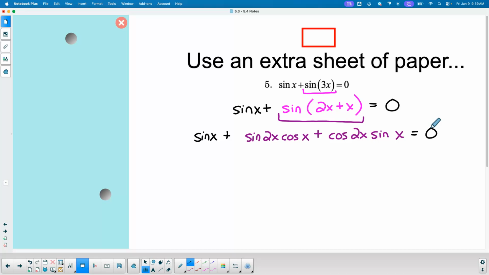With me so far? Okay. Sine of 2x would be 2 sine of x cosine of x, still being multiplied by another cosine of x.